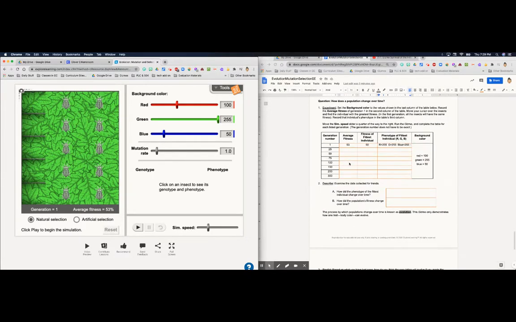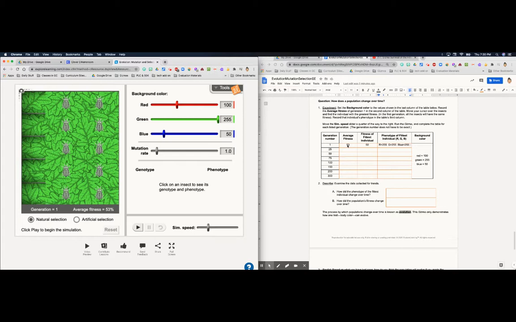So the experiment: set the background color to the value shown in the last column of the table below. We use them from the top, but we've already set them. We have 100, 255, and 50. Record the average fitness of generation 1. I've already done this. Generation 1, average fitness is 53. Then move your cursor over the insects and find the individual with the greatest fitness.